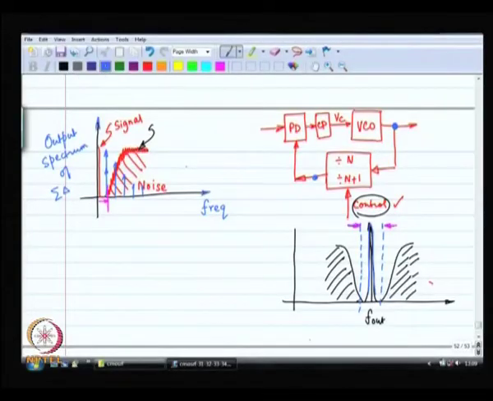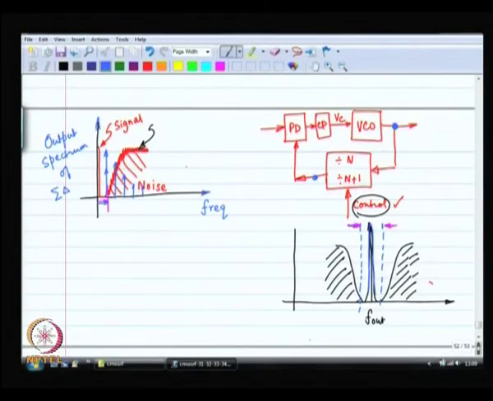The sigma delta modulator design, which we said was going to be easy, is no longer sounding that easy, right, because now you have to make sure that, let us say this is my loop bandwidth over here, half of the loop bandwidth, right. Let us say this is your 1 megahertz.